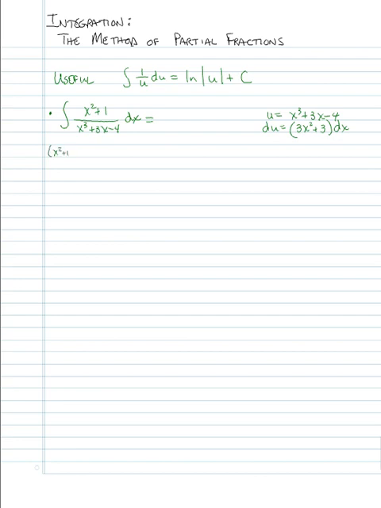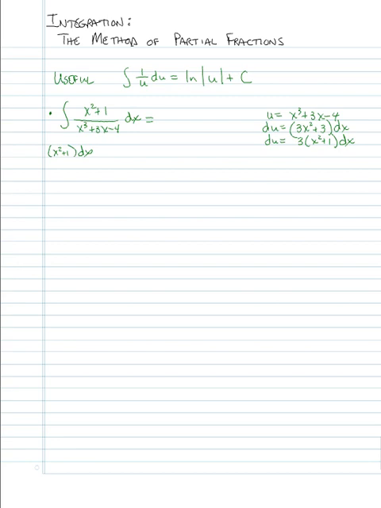We have an x squared plus 1 dx, and would like to be able to replace that with a du, but we don't have that. But if we pay a little more careful attention to what we have over here on the right side, we have a common factor of 3 there. So if we think about factoring that 3 out, we have 3 times x squared plus 1. Well, all we're off by is a factor of 3.